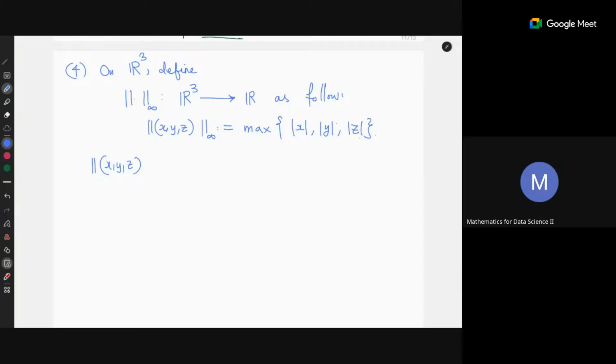All right. So, the first condition. Let's take x1, y1, z1 and x2, y2, z2. What is this? This is going to be the maximum of x1 plus x2, y1 plus y2, z1 plus z2.